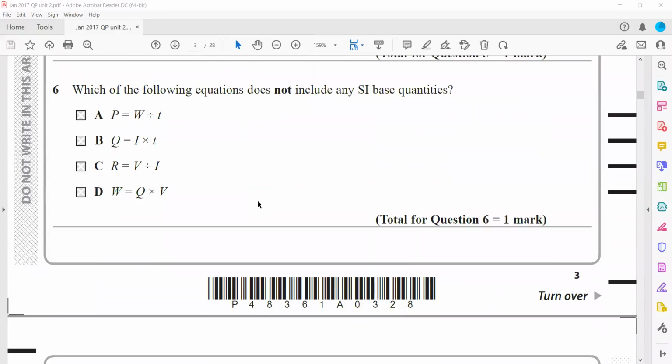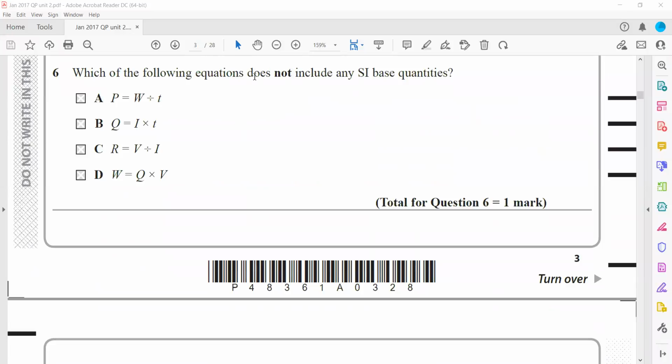Then, which of the following equations does not include an SI base quantity? Here time is an SI base quantity. Here also time and current are SI base quantities. Voltage, current: voltage and resistance are not SI base quantities, but current is. There are 7 fundamental quantities.